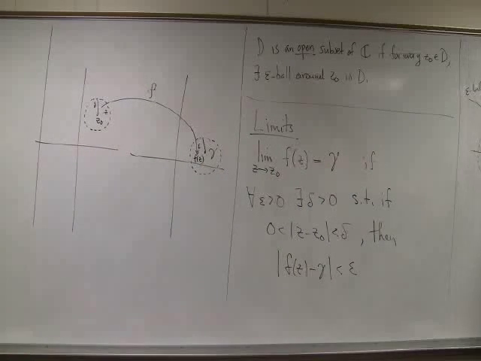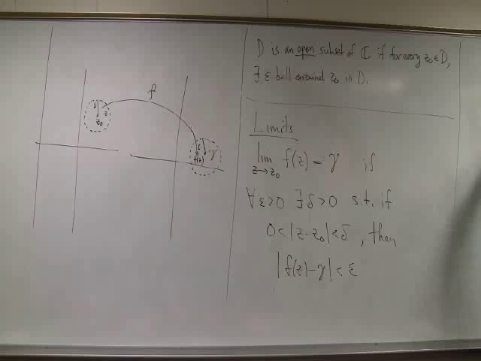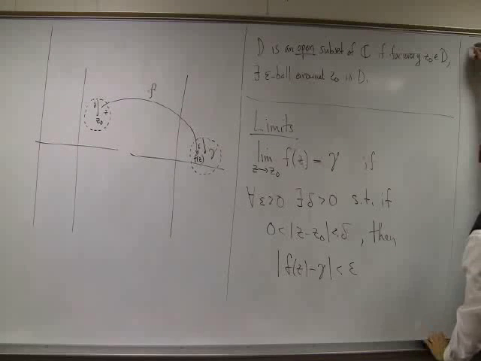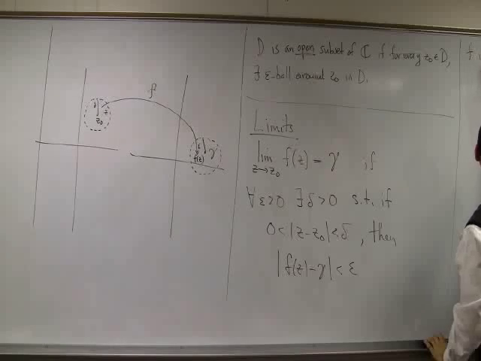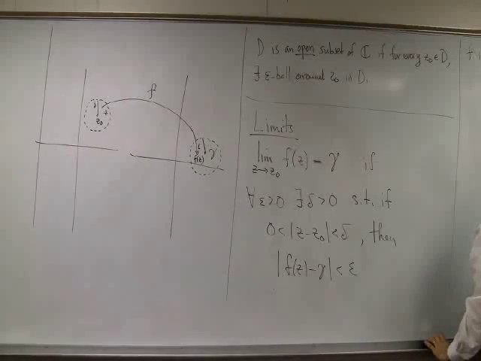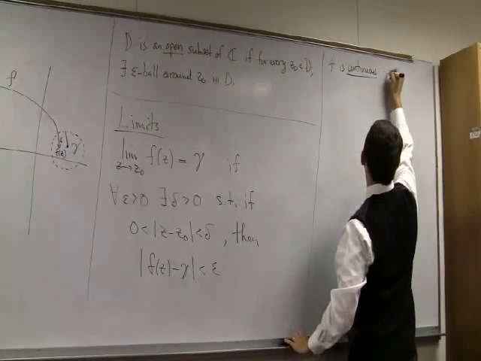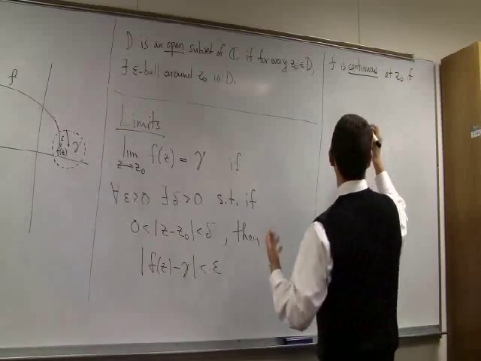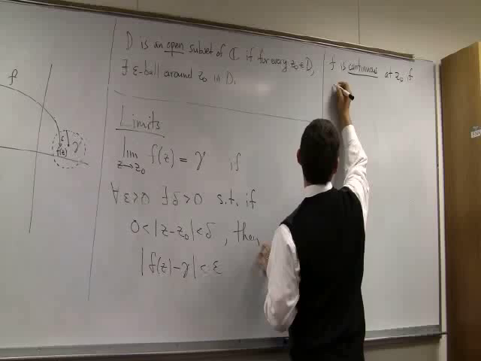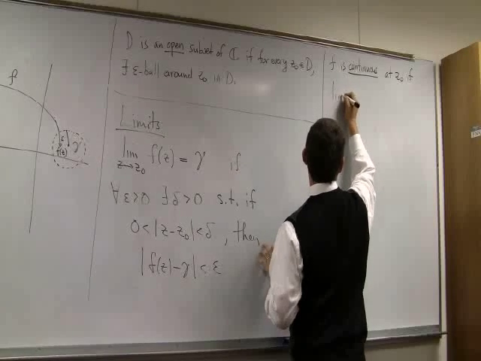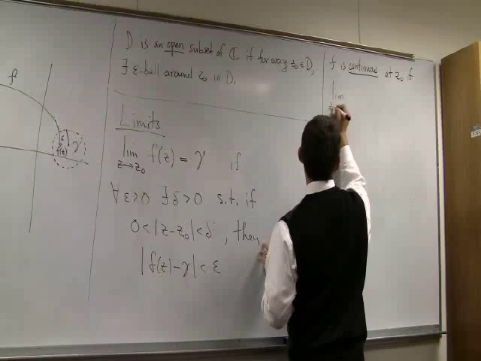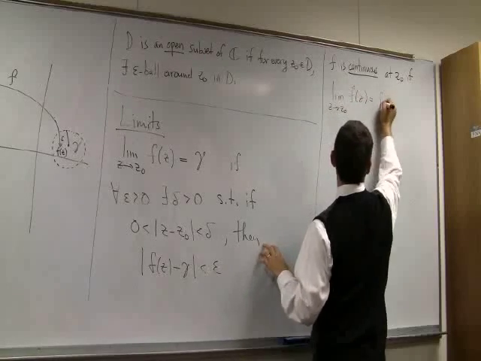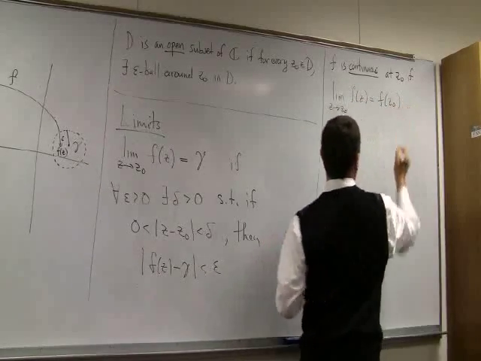So what should the definition of continuity mean? F is continuous at z naught if, well, it's the exact same condition as we had for real variables: the limit as z approaches z naught of f of z equals f of z naught.